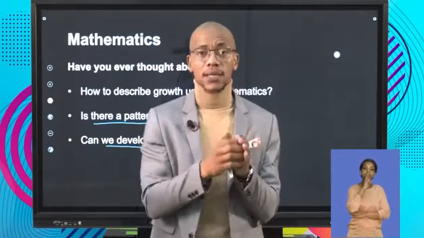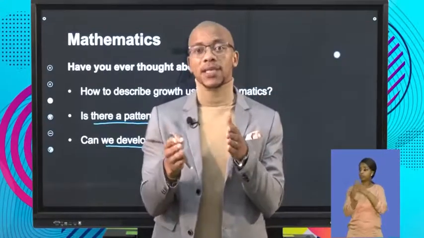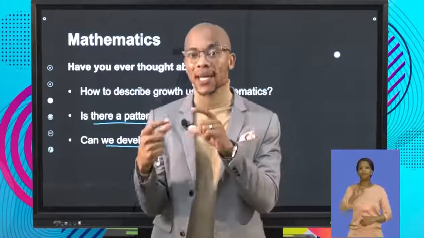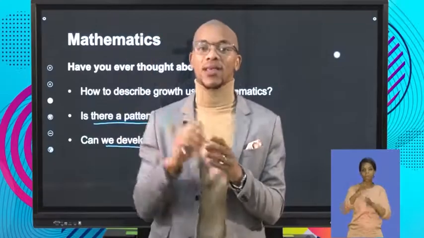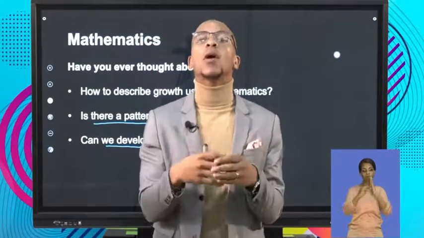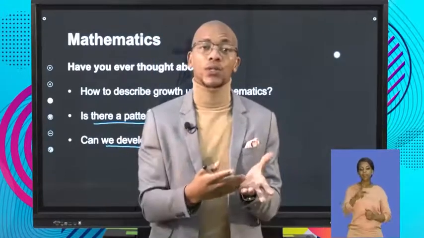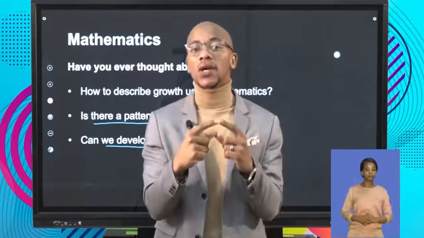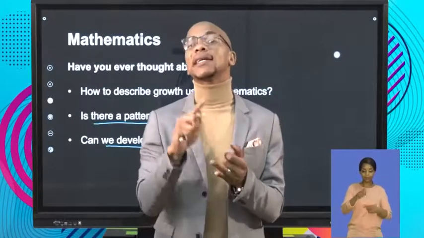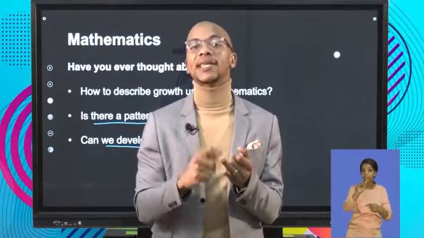And if there is a pattern, can I then develop a model such that if I was given, maybe, the 100th term, I can find out what exactly that term is going to be based on the model I've created? So that's what we are talking about here. Number one, is there a pattern? Two, can I develop a model to predict something that might happen in future?